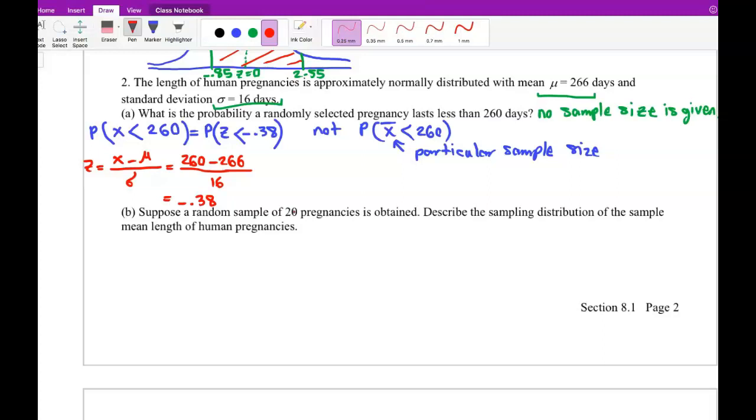Here on this part I actually rounded this to two decimal places.